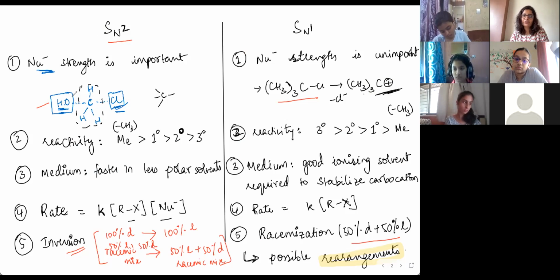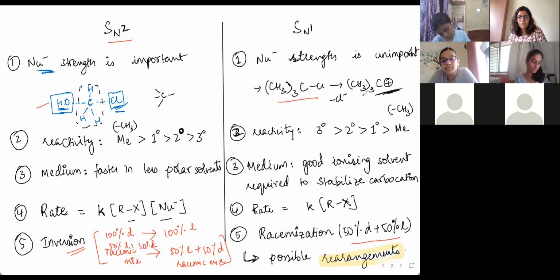But here, because a carbocation is formed, if there is a possibility of a more stable carbocation, it will rearrange itself into that other carbocation. This is a case you need to look out for in mechanism reactions.